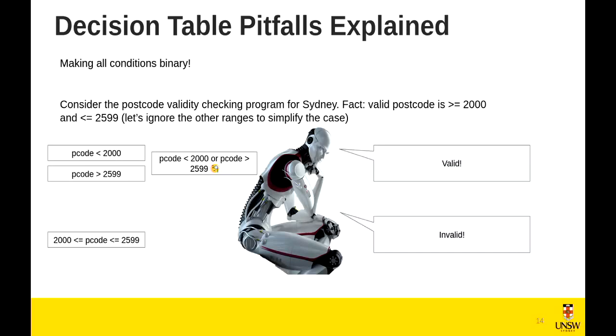It's either the postcode is too small or it's too large. So we are missing one of the cases when we generate test cases based on this binary choice condition. That's the drawback of this instead of having a multiple choice condition here.